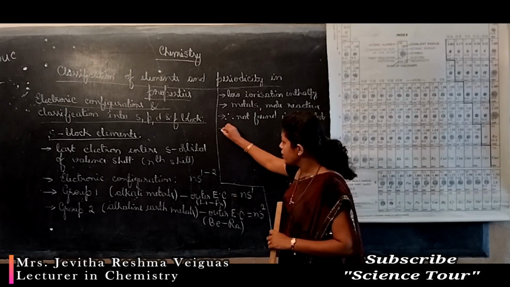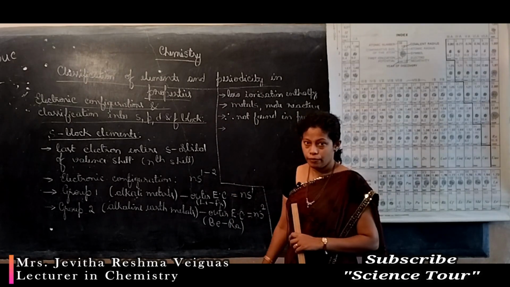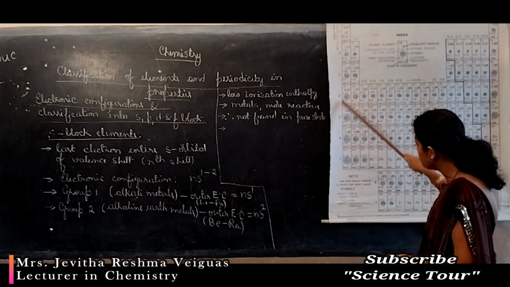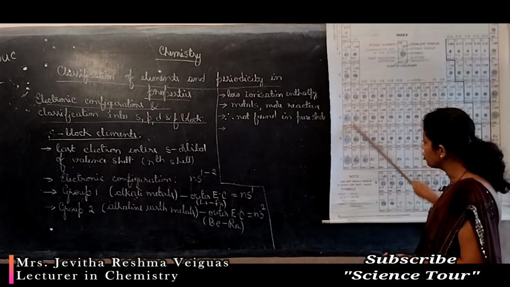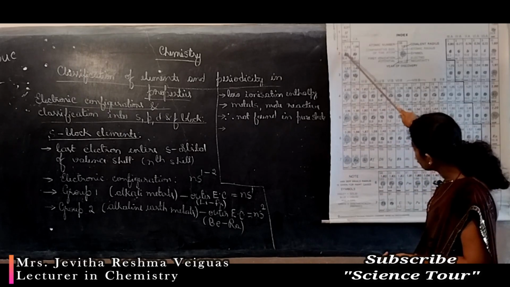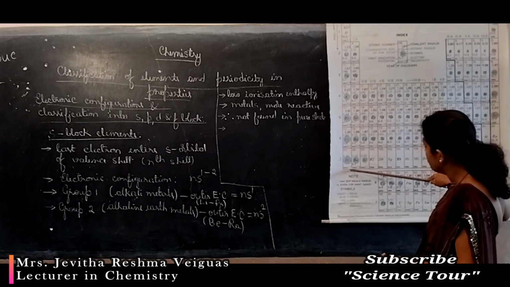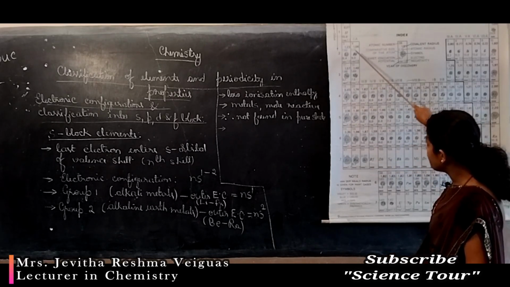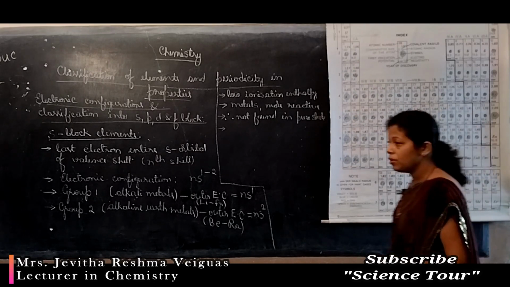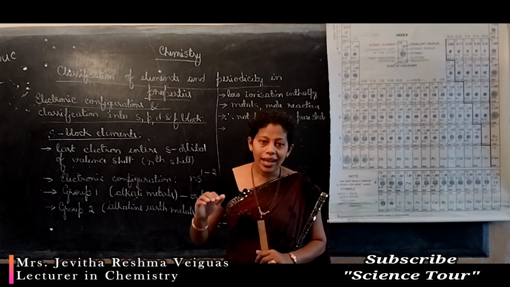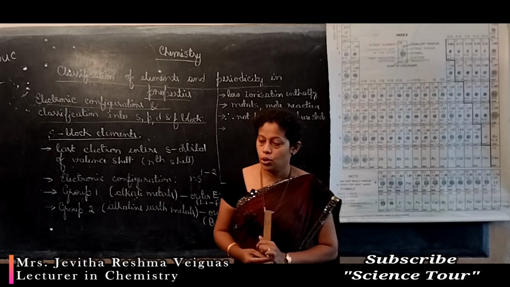And another thing is, for these elements, as you move down the group, see this is group 1, this is another group 2. When you move down from lithium to francium, and similarly from beryllium to radium, metallic character increases, reactivity also increases.